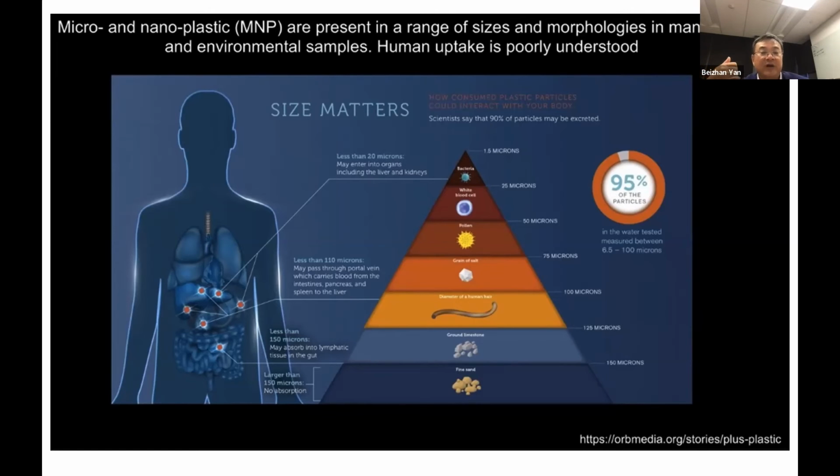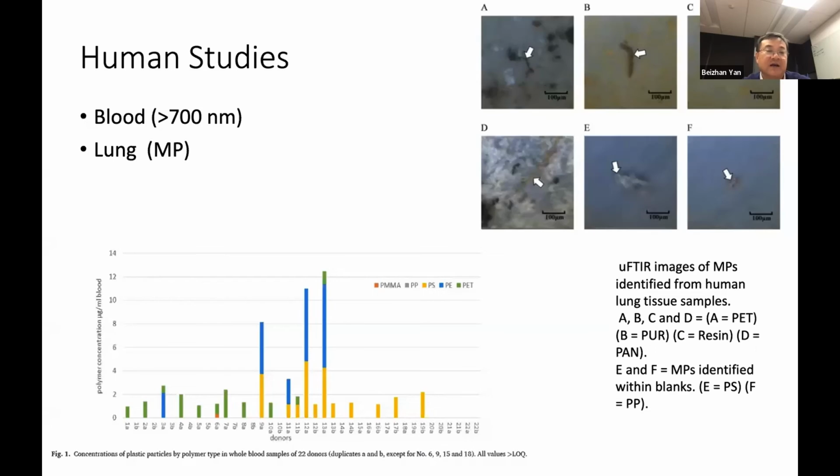What comes out of the blood and gets into the organs stays in the organs, potentially goes into organelles in the cells and stays there forever. That is why size matters: the smaller the size, at nano scale, the higher the bioavailability.